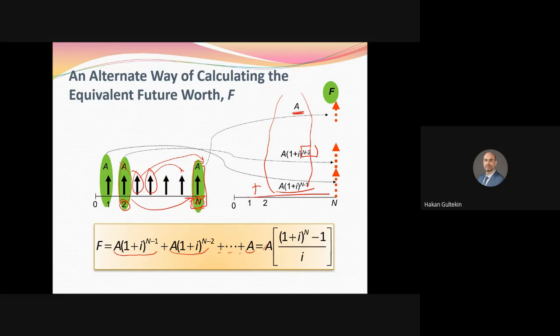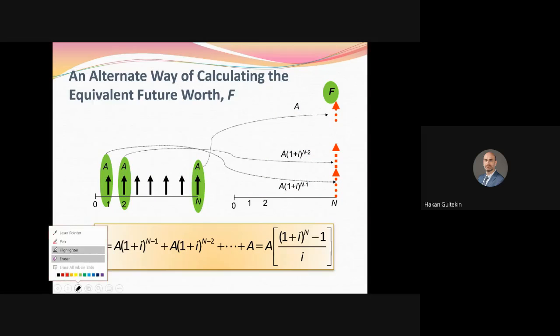Then, if you combine everything under this A parenthesis with the series sum formula, you can obtain this. Okay, this is the formula for finding a future value given an equivalent value. And simply, we represent this formula as a factor, which is F given A, i, and n.